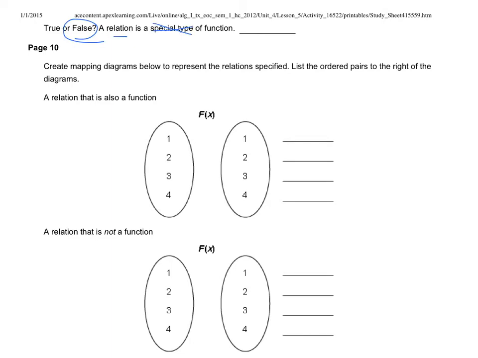So we're supposed to create two mapping diagrams, the first of which shows that it is also a function. So if it's a function, that means for every input, I get exactly one output. The way that's going to look in a mapping is that there's only going to be one arrow from each number.